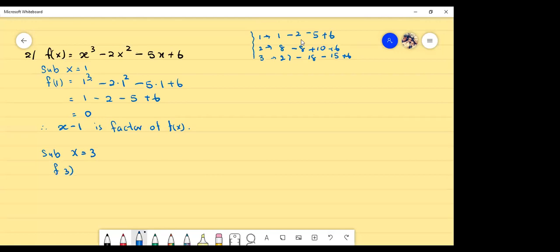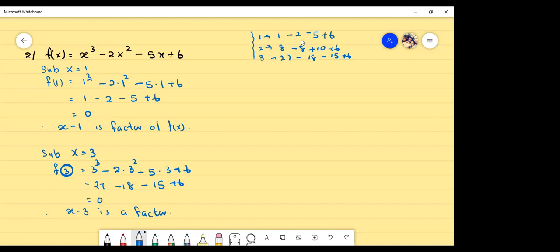Then f(3) equals 3 cubed minus 2 times 3 squared minus 5 times 3 plus 6, 27 minus 18 minus 15 plus 6, it's equal to 0. Therefore, x minus 3 is a factor. Right?